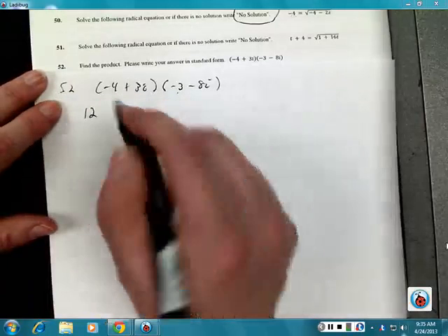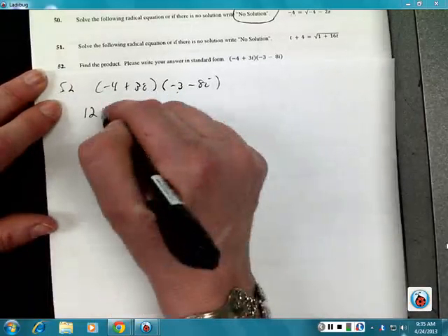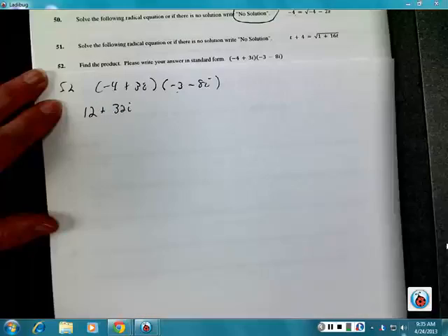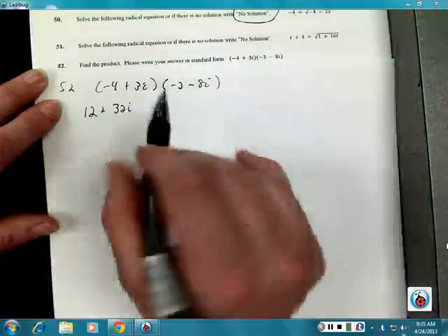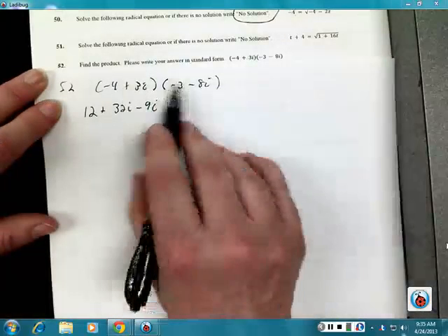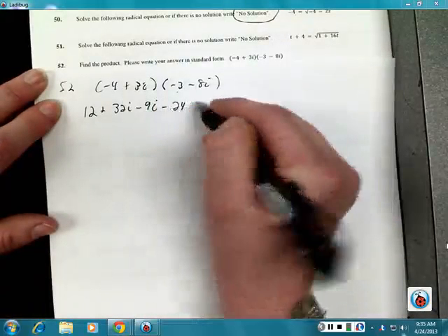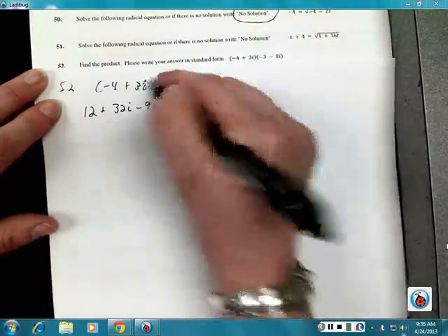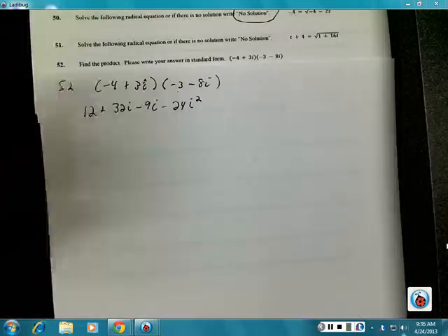So if I FOIL these, negative 4 times a negative 3, 12. Negative 4 times a negative 8i is a positive 32i. 3 times a negative 3 is a negative 9i. And 3 times a negative 8 is a negative 24. And i times i is i squared. Okay. We done?